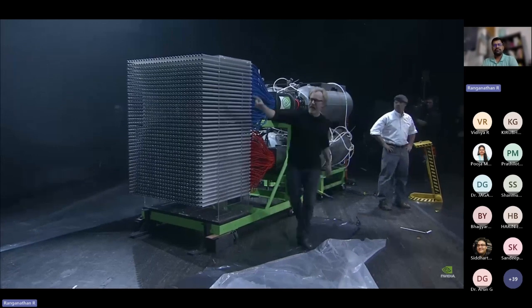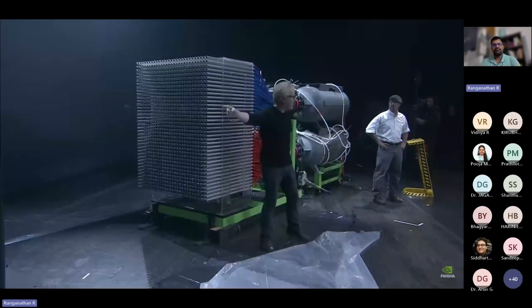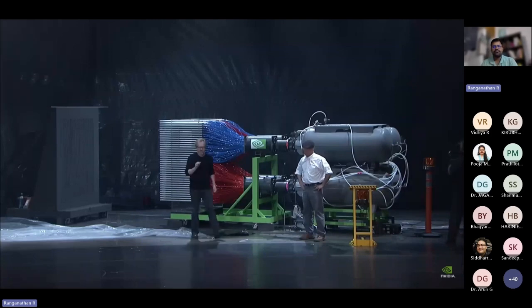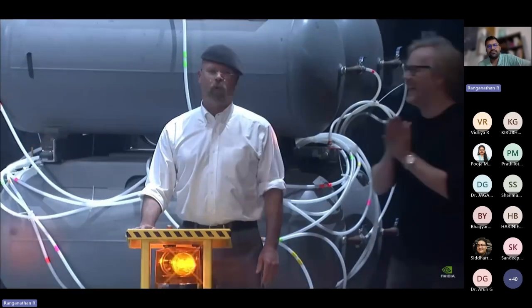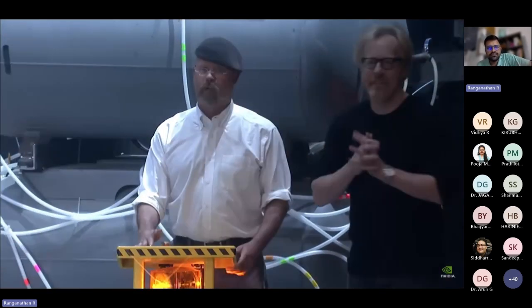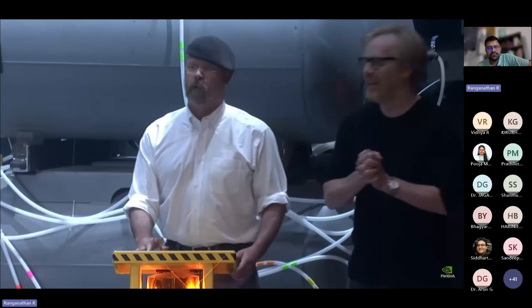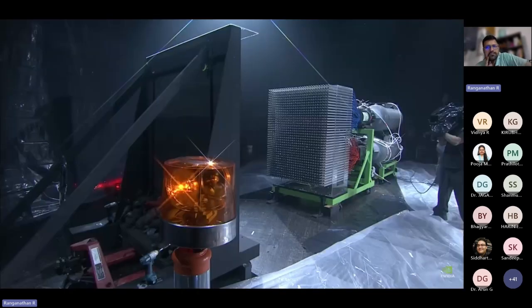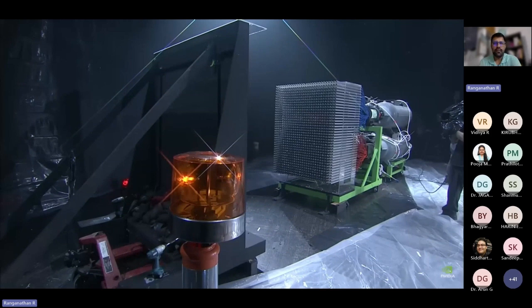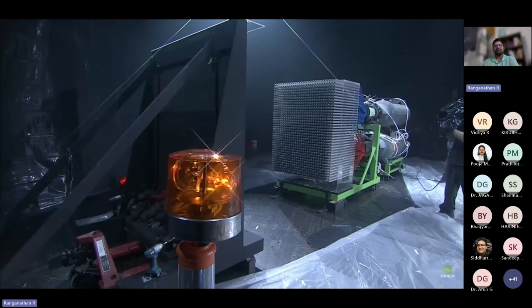Each of those paintballs will fly across 7 feet of space and in 80 milliseconds reach its target. Hopefully, when it's all said and done, it's going to paint the Mona Lisa. GPU painting demonstration. Yep. In 10, 9, 8, 7, 6, 5, 4, 3, 2, 1.